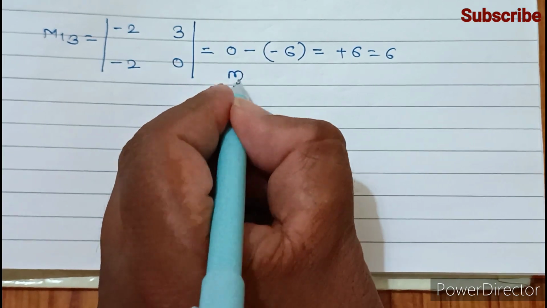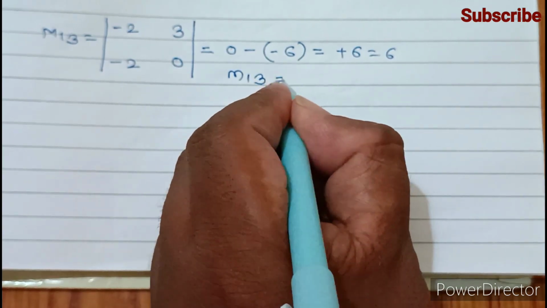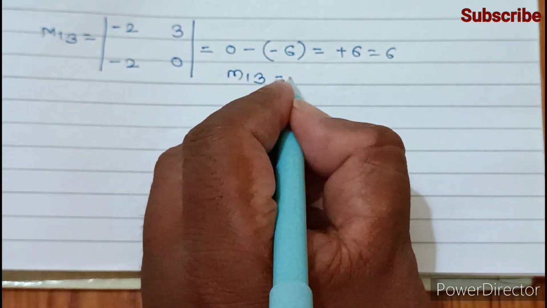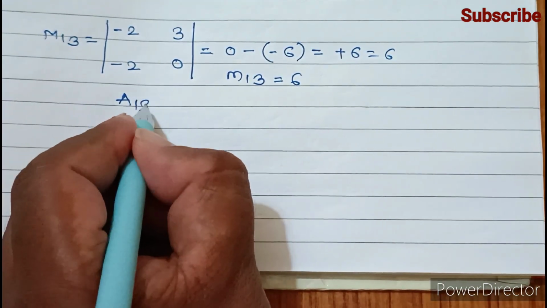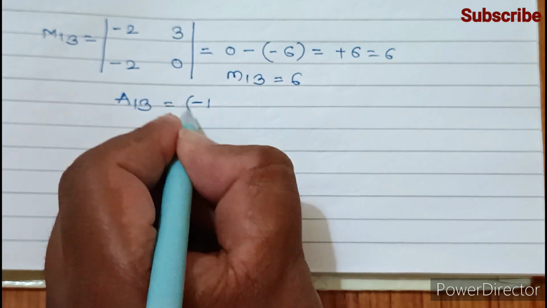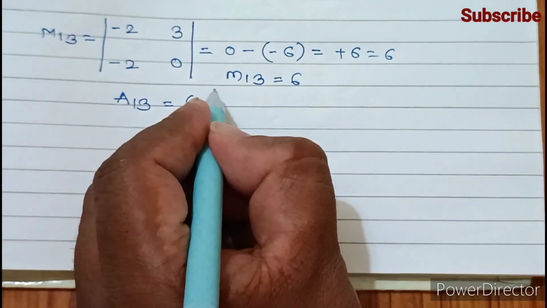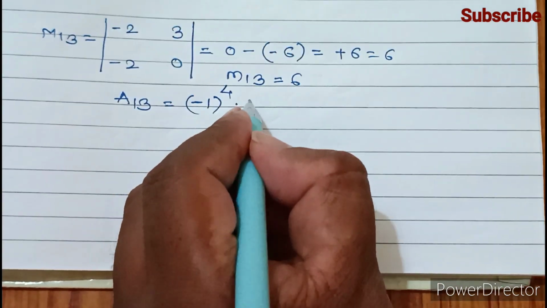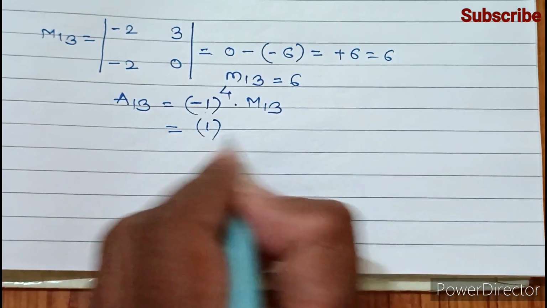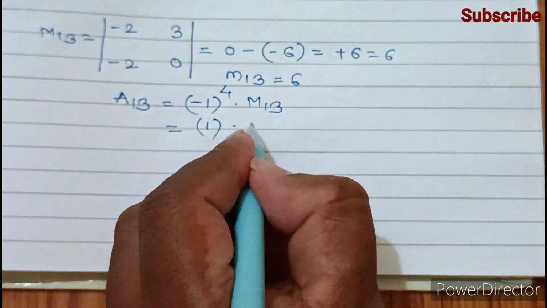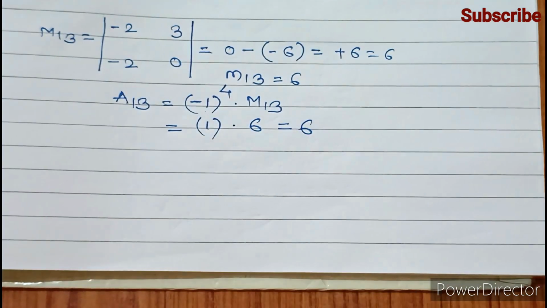Here m13, the minor of 13, is 6. The cofactor of a13 will be equal to minus 1 to the power 1 plus 3, that is 4, into this m13. This is plus 1, and m13 is 6, so a13 equals 6.